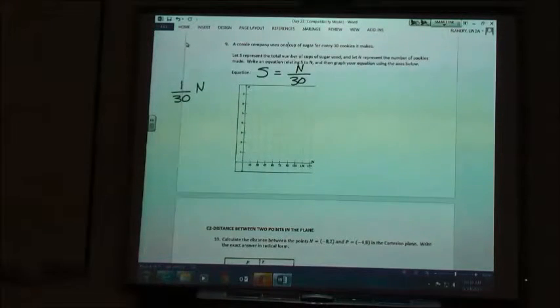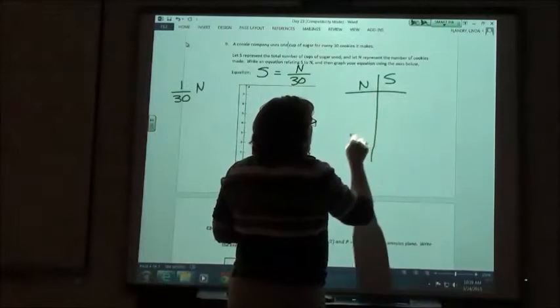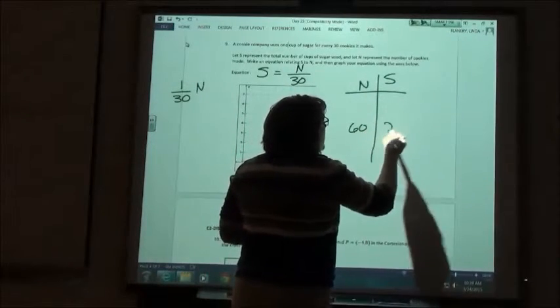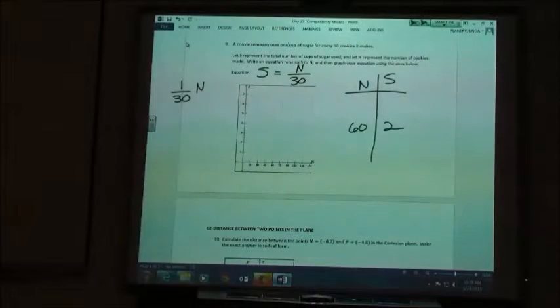So if I'm making my table, N and S, we already said if I had 60 cookies, I used 2 cups of sugar. When we pick numbers for how many cookies, notice the numbers on the bottom of the graph are bigger. I want to use numbers that make sense. I probably don't want to use 75 because that won't come out very nice.